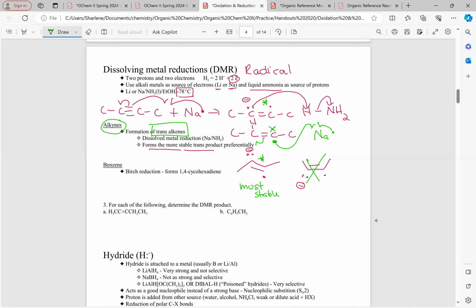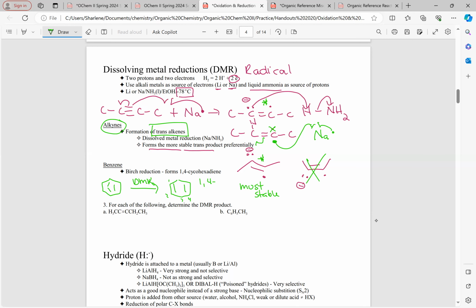And then benzene does something really fun. Benzene, in the presence of DMR, will actually form a cyclohexene. It's a diene. So it's 1, 2, 3, 4. So it's 1, 4 cyclohexadiene.